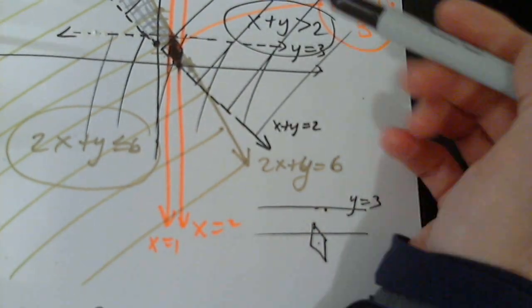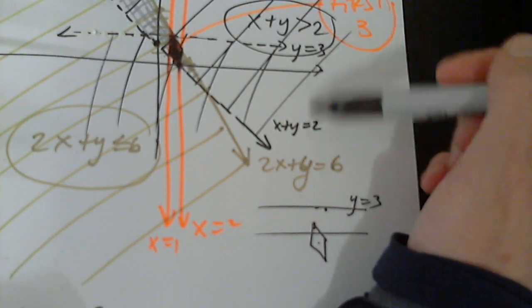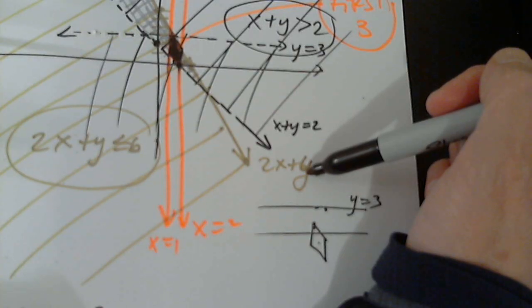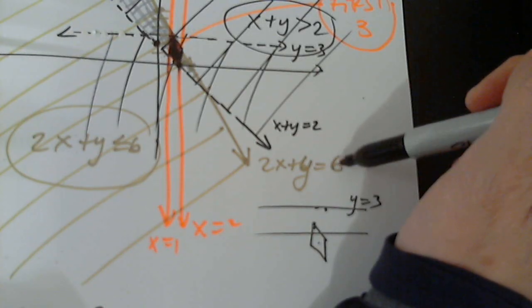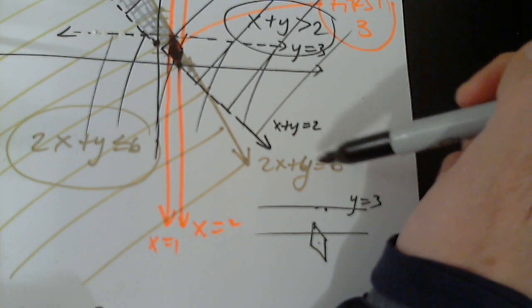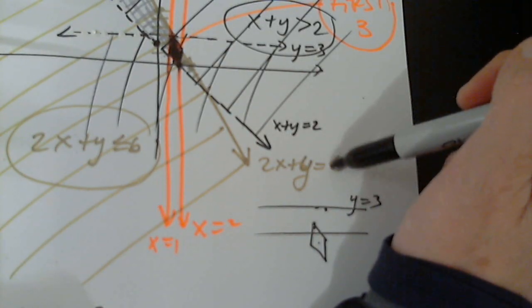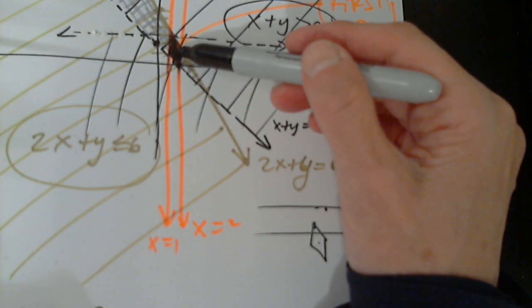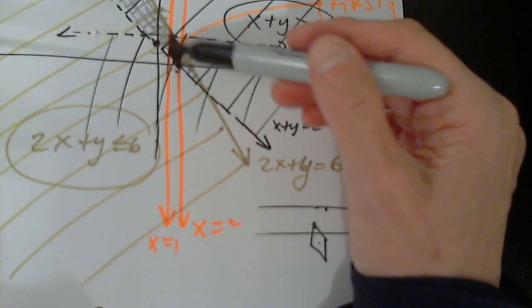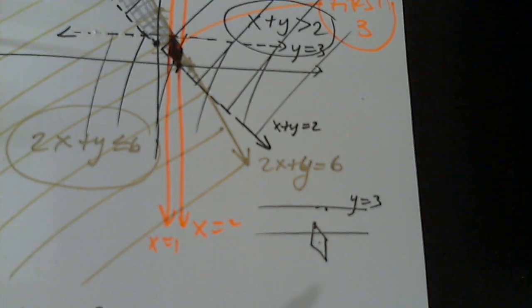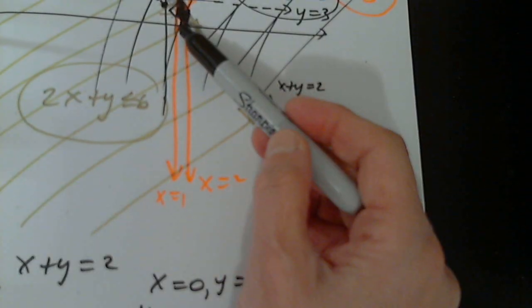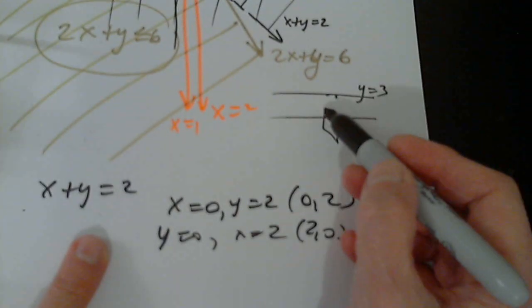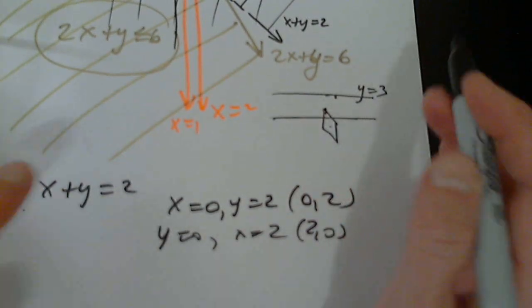And how I verify that is, when y is 3, I get x equals 1/2. So it's right in the middle. So that's correct. When y is 3, x is 1/2. So it crosses, it's not at the corner, it crosses here.